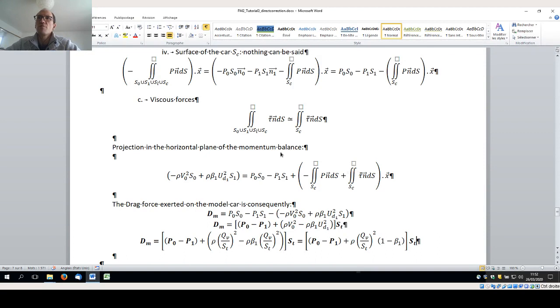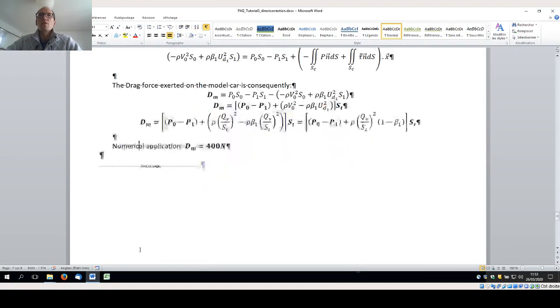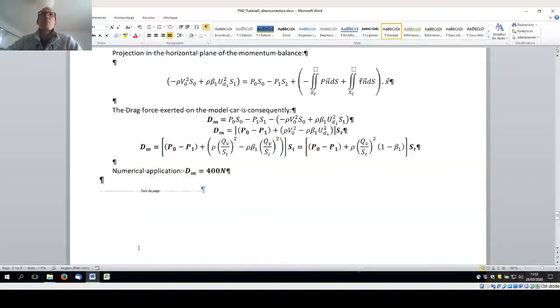So after just rewriting the equation, which allows you to evaluate the drag force on the model, you should find a drag force... I think you should find something like 400 newtons. And that's it.